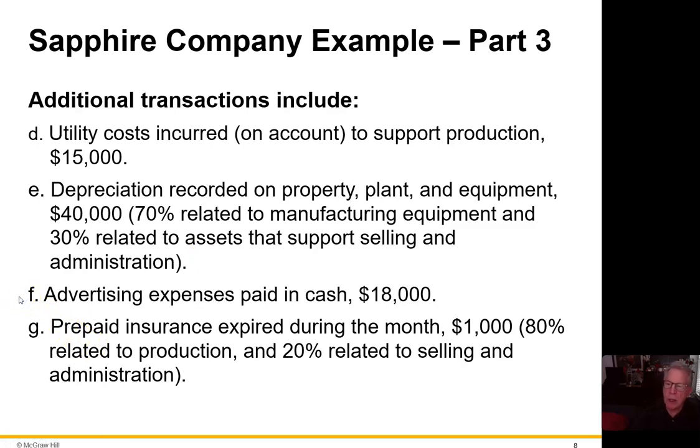For Foxtrot, advertising expenses paid in cash was $18,000. And for Golf, prepaid insurance expired during the month, $1,000, or 80% related to production and 20% related to selling and administration.